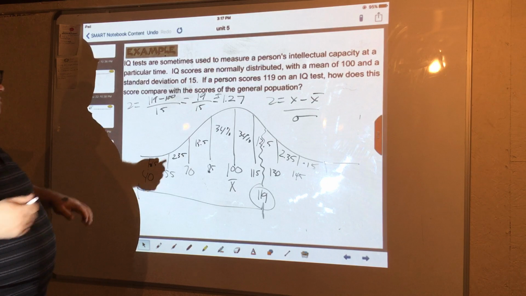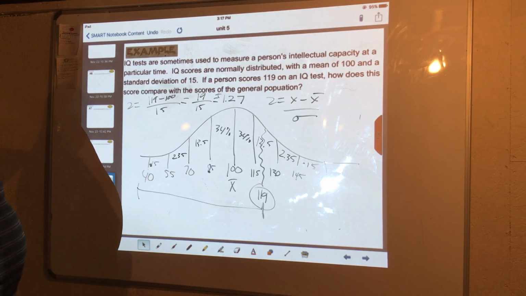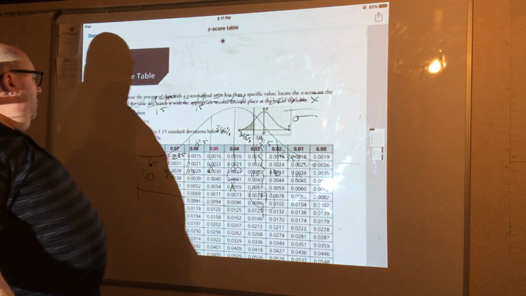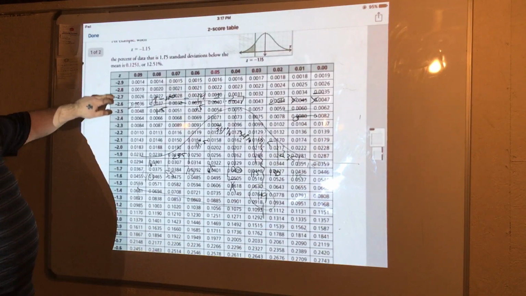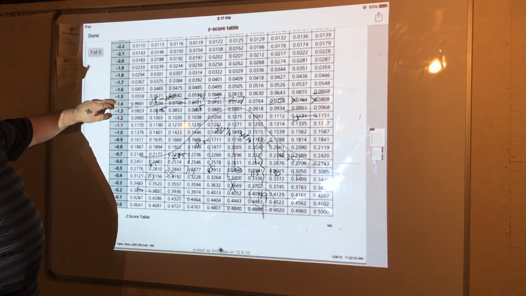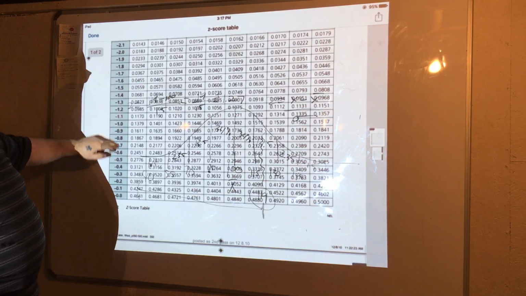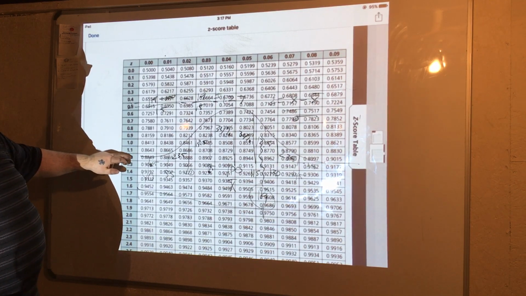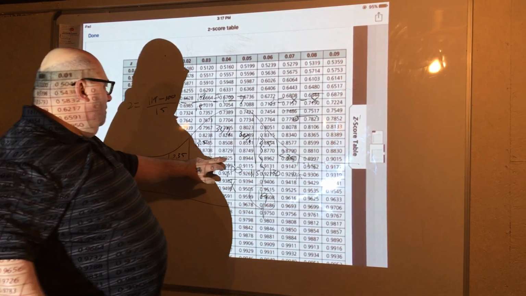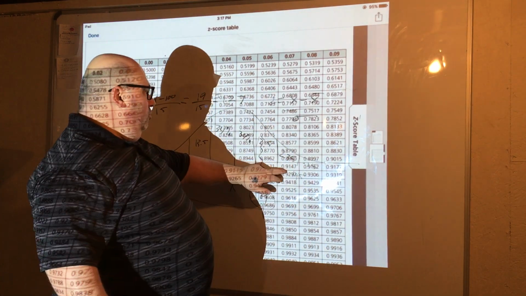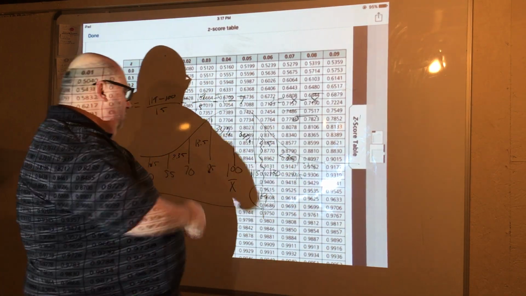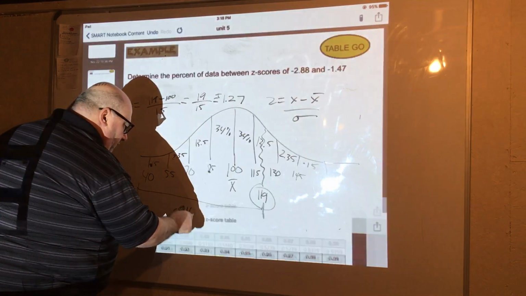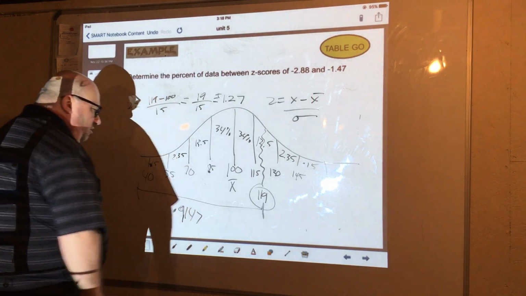Let's look at our table. 1.27: go to 1.2, positive, then keep going to the 7. That gives 0.9147.